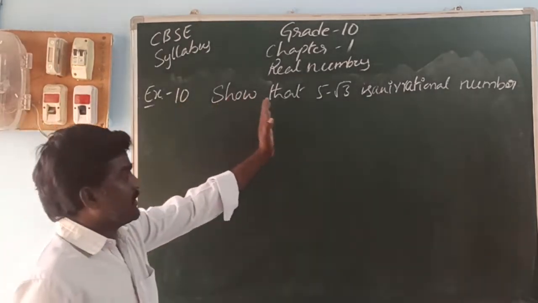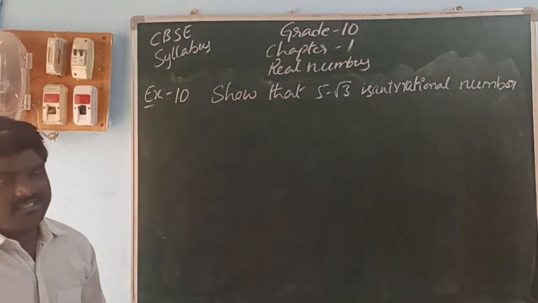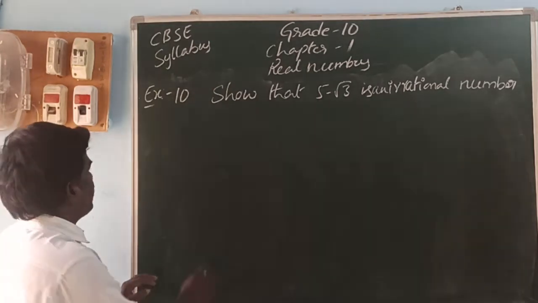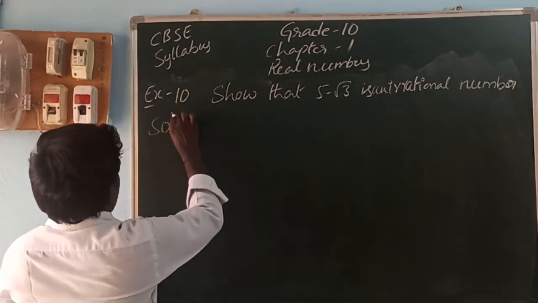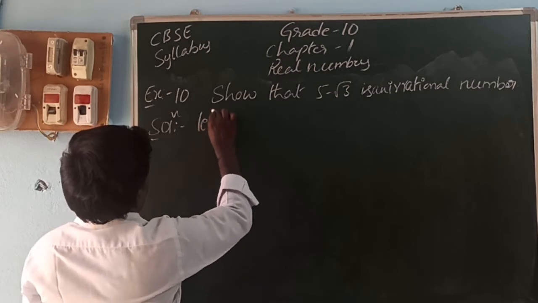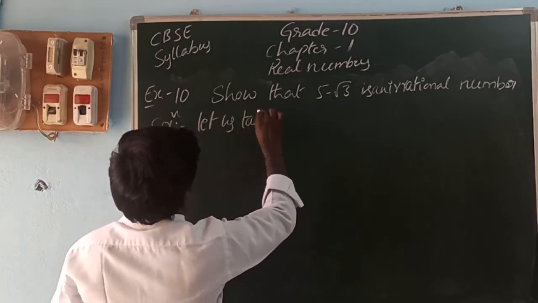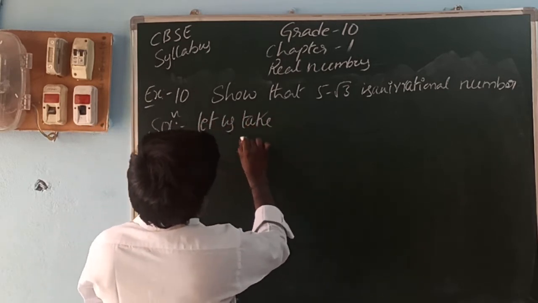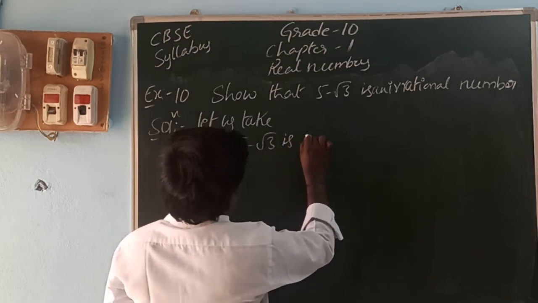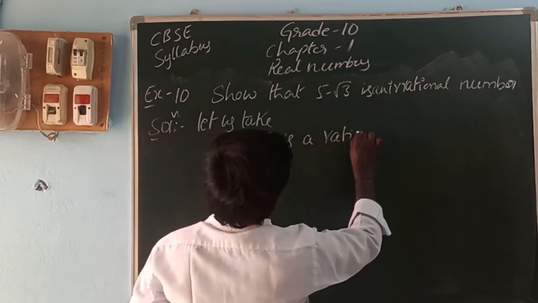Example 10. Show that 5 minus root 3 is an irrational number. Same here. By using the contradiction method, let us take 5 minus root 3 is a rational number.